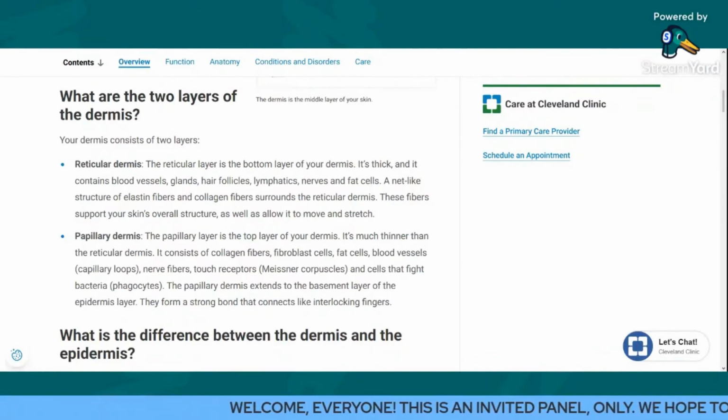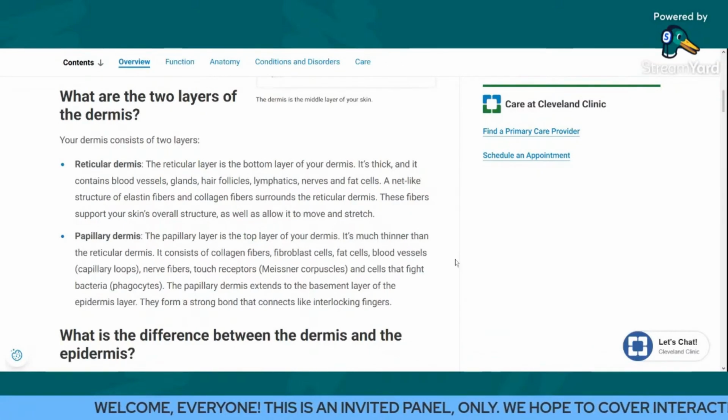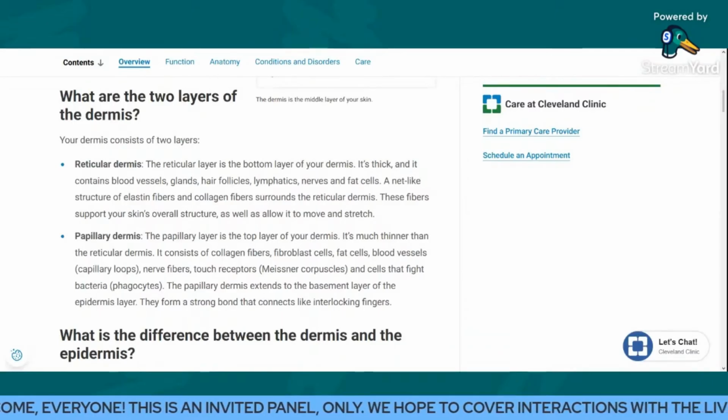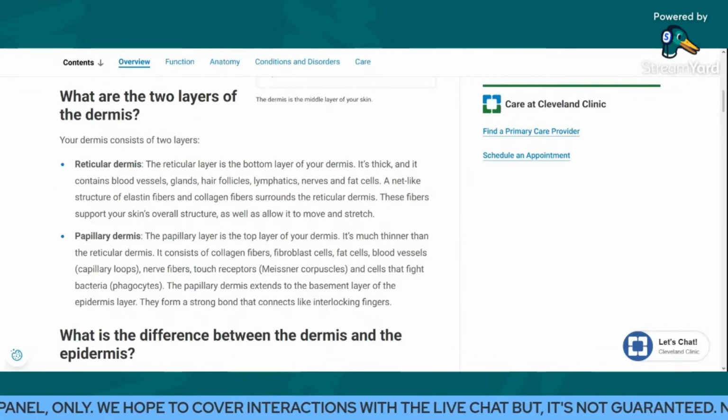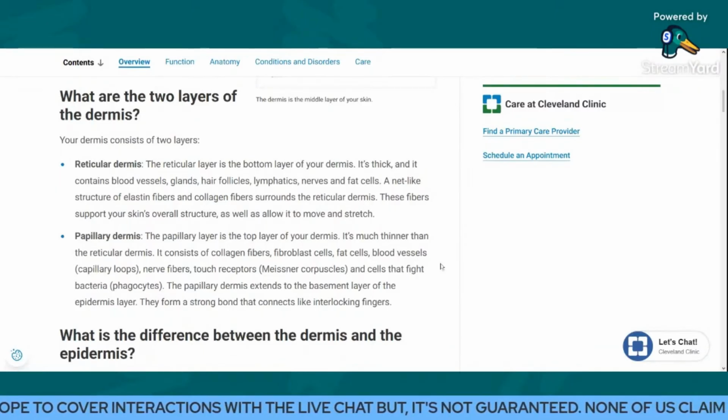Papillary dermis. The papillary layer is the top layer of your dermis. It's much thinner than the reticular dermis. It consists of collagen fibers. So you mentioned collagen, didn't you, Ravioli?